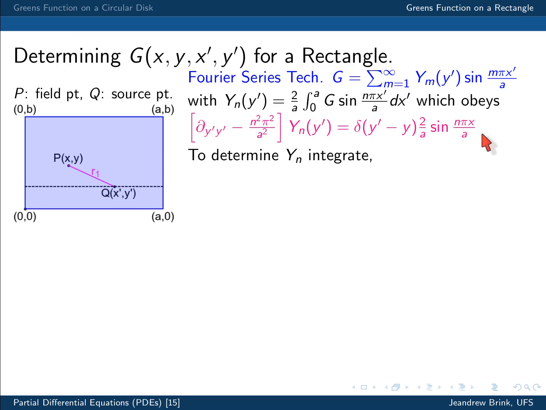We're now going to go about integrating that differential equation in a way that's analogous to the way we found the symmetrical solution.